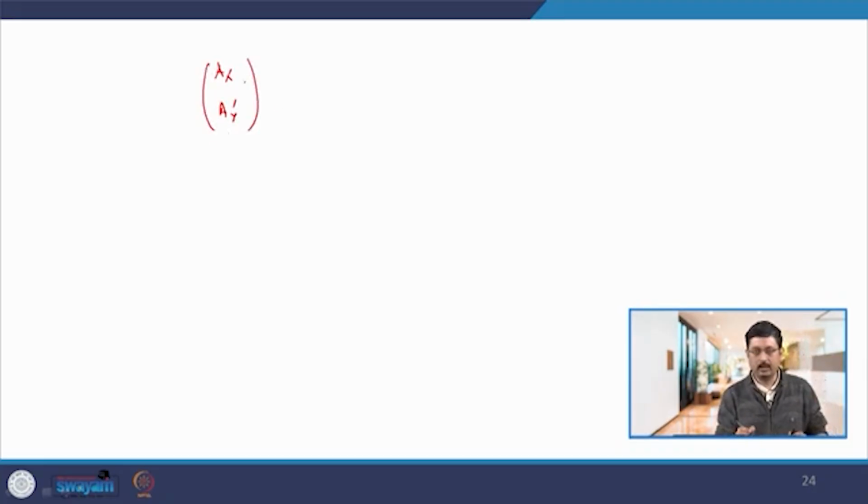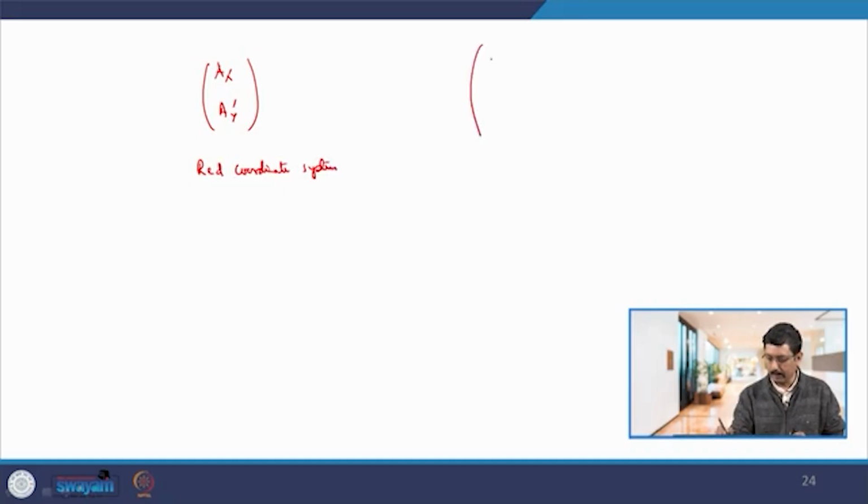This is a component in the red coordinate system, and the same object has two components in the blue coordinate system.